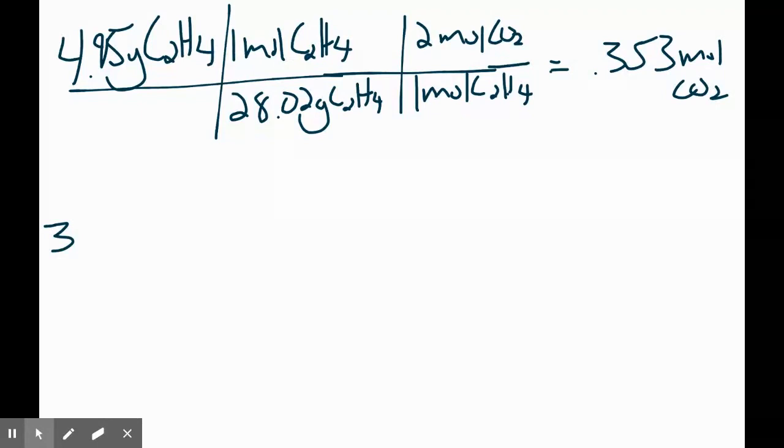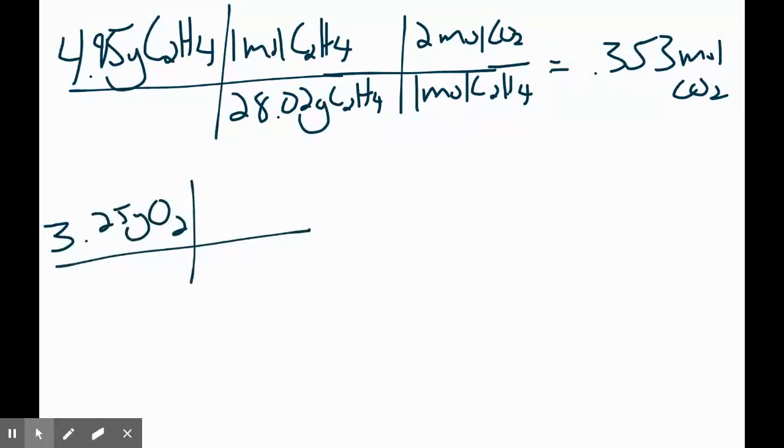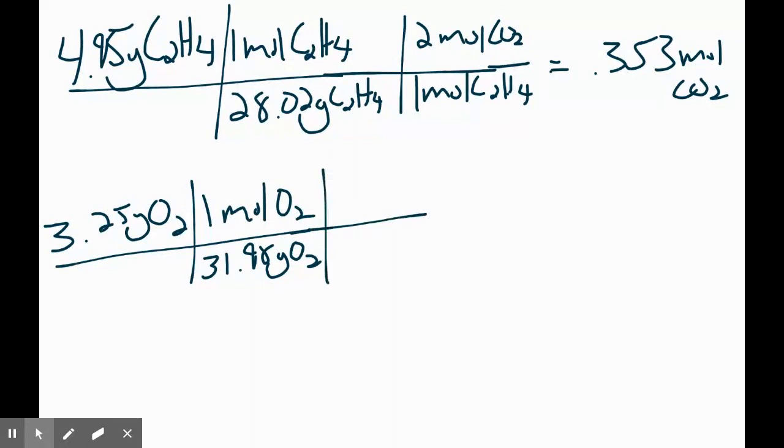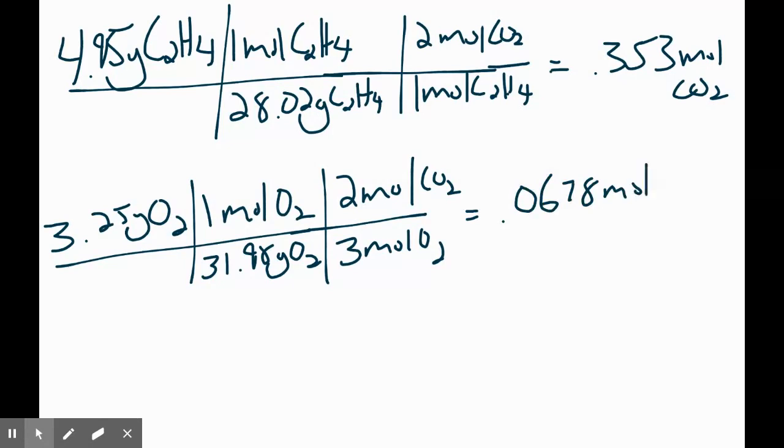And then 3.25 grams of oxygen, convert to moles. And then the molar mass from moles of oxygen to moles of CO2. So there are 3 moles of oxygen for every 2 moles of CO2. So that gives you 0.0678 moles of CO2.